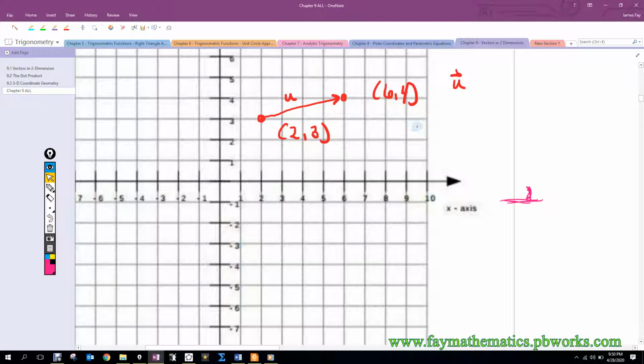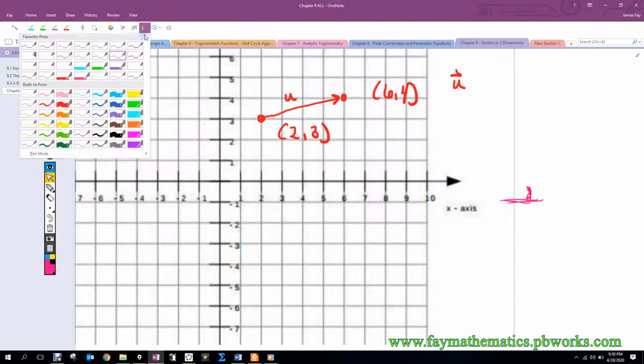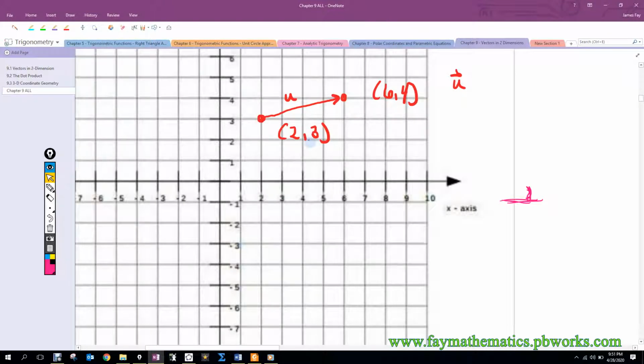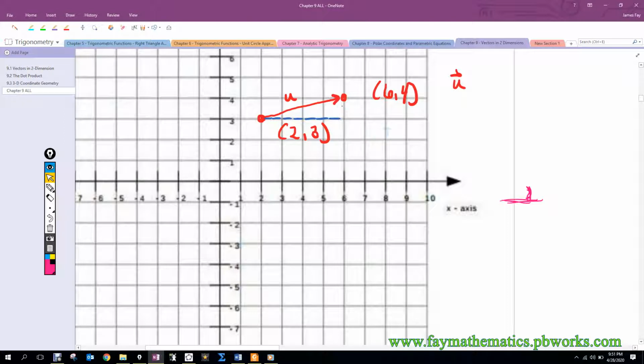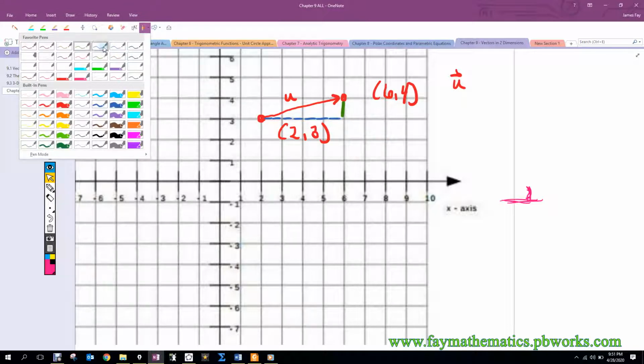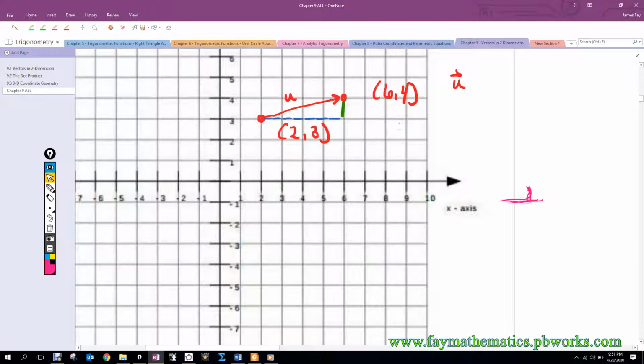If I want to come up with what we call the position vector, basically all we're going to do is figure out what is this right triangle that is kind of in the background, or that is creating this vector?